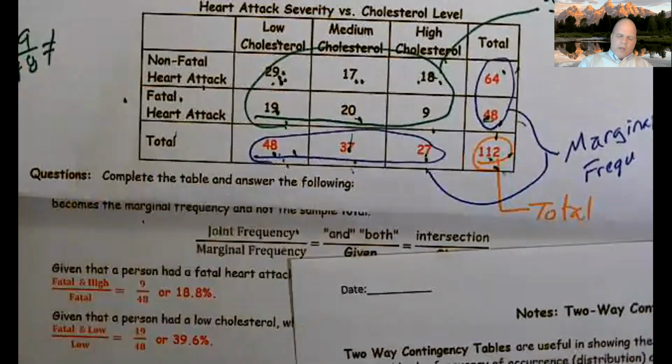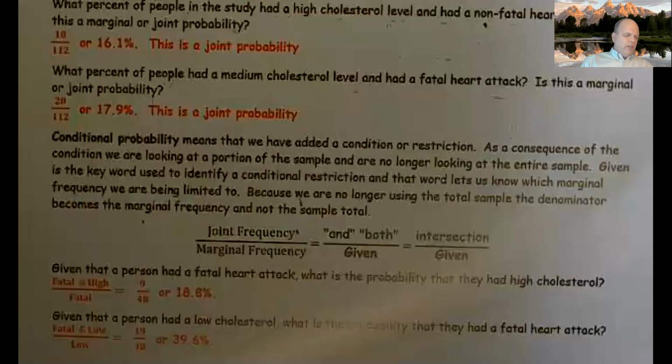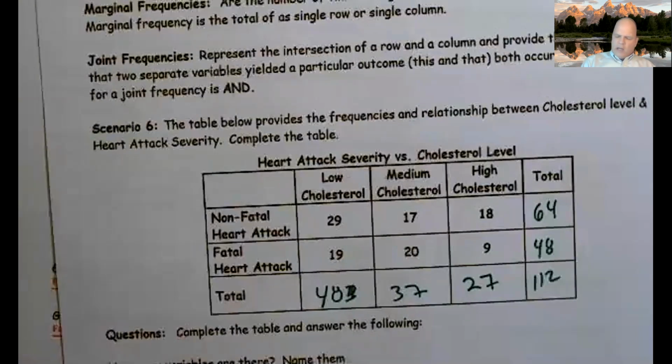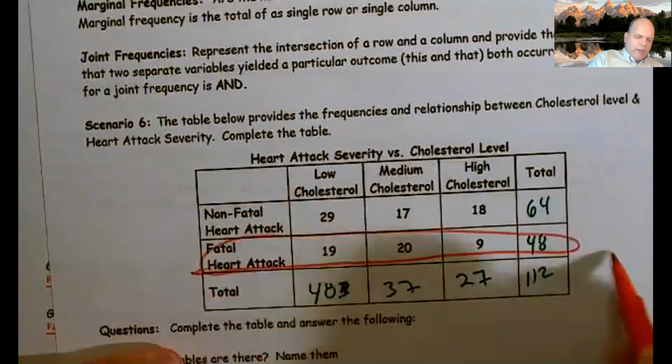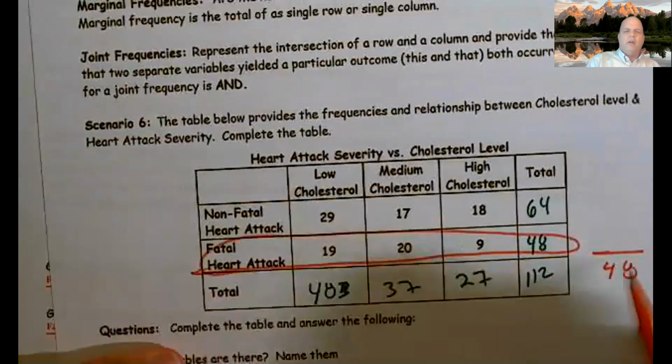Hold on just a second. I'm going to write a little bit down because I think this will help us out. 64, 48, 112, 48, 37, 27. So they said given that they had a fatal heart attack, so I'm now looking at the fatal heart attack column. That's my given, and given's in the denominator.